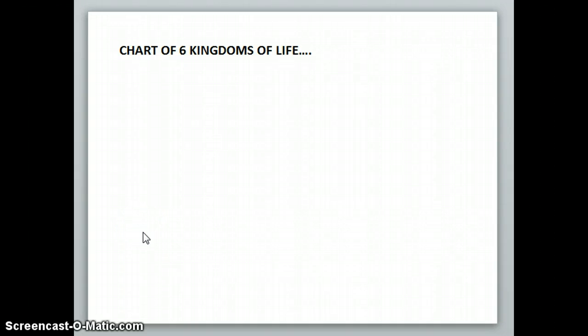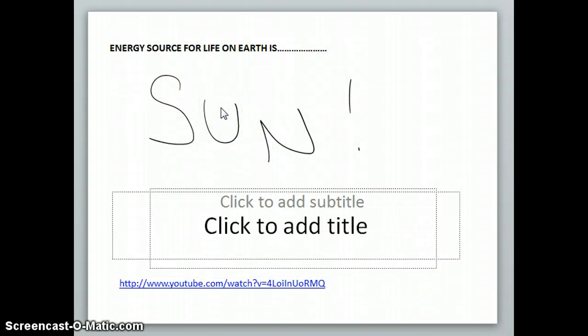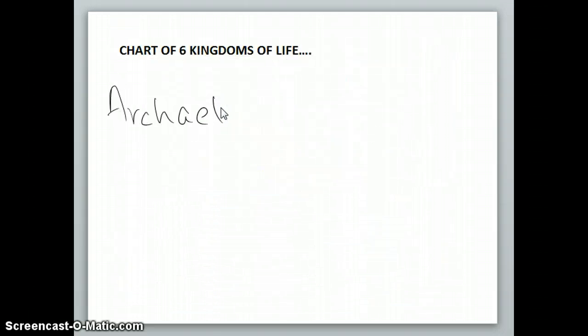Very quickly, the 6 kingdoms of life are, we have 2 bacterial kingdoms. We have what's considered the ancient bacteria, or the archaebacteria.